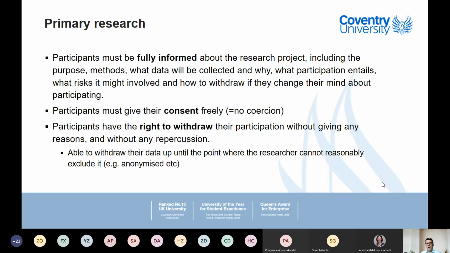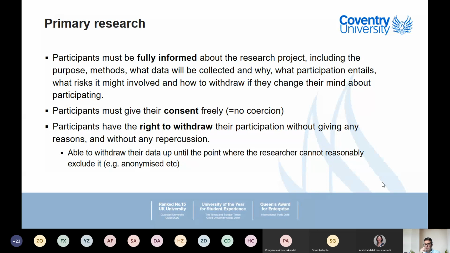But they can also withdraw after they participated. So you conduct an interview or you collect a questionnaire from them, and a few days later, they contact you and say, sorry, actually, you know what, I don't want to be part of that research anymore. You need to withdraw them from the process. Obviously, you can only do that in some cases. There would be a point after which it's no longer possible for you to do it.